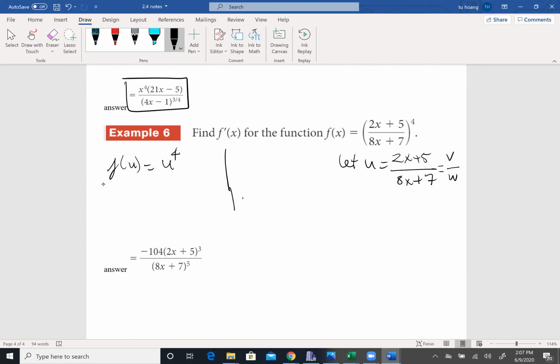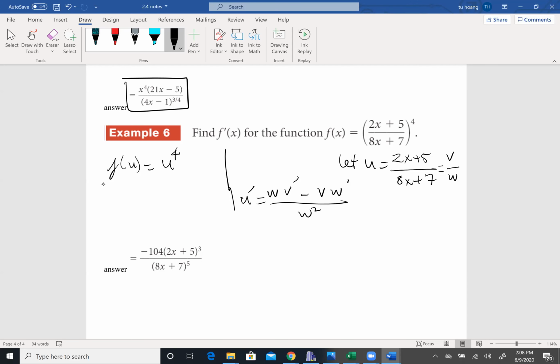So in order to take the u derivative, or the inside derivative, I need to have w times v prime minus v times w prime, divided by w squared.